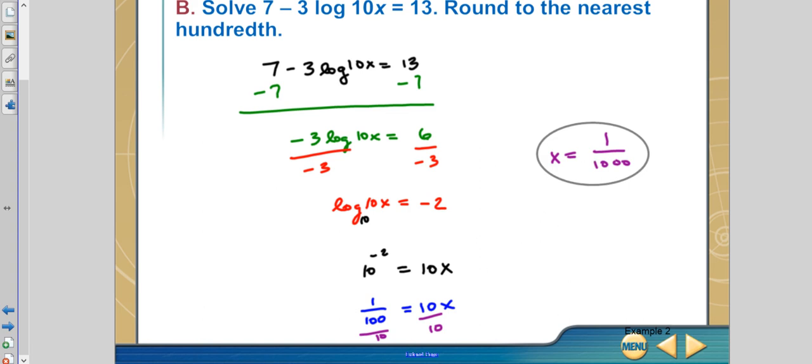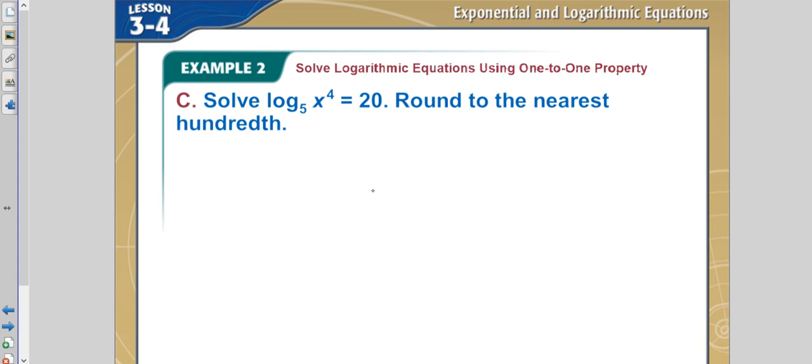All right, so let's try one more of these. We've seen this type of problem before. So now, if you have to solve this, that logarithm is isolated, so I would just go straight to converting. Now, one thing you could actually do is, remember, we can move the power out front if we like.